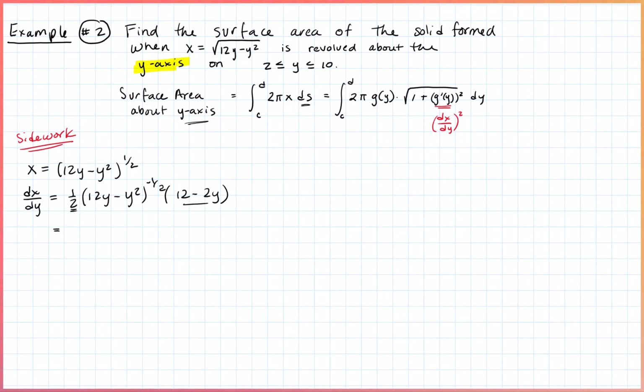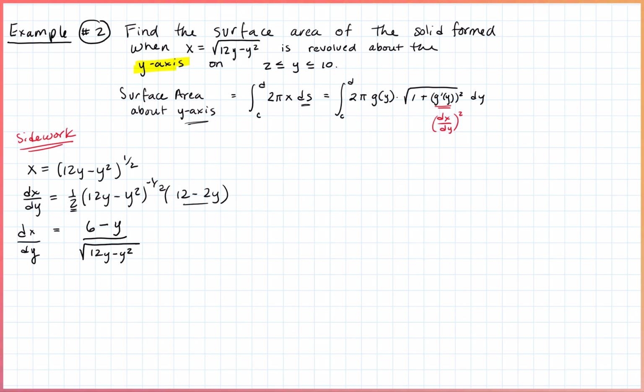Notice the 1/2 and the 12 minus 2y. We can distribute that 1/2 to those two terms. So this becomes 6 minus y over, now in the bottom, we end up with 12y minus y squared under a square root. It was to the 1/2 power when I dropped it down, but I changed it into a square root. Okay, so all of that.